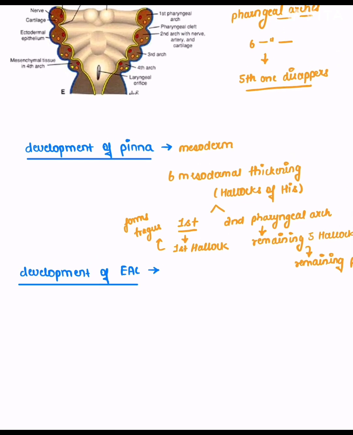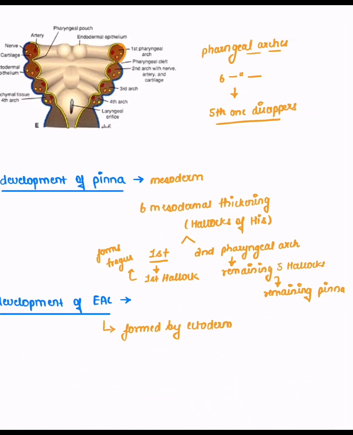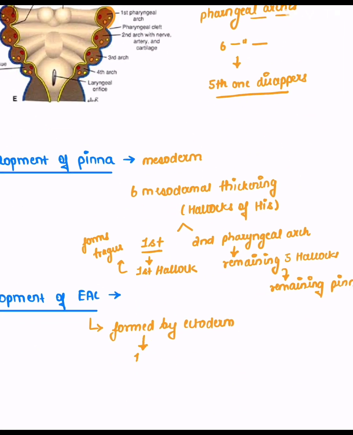The external auditory canal is formed by ectoderm. From the first arch ectoderm, both the cartilaginous part and bony parts are formed.